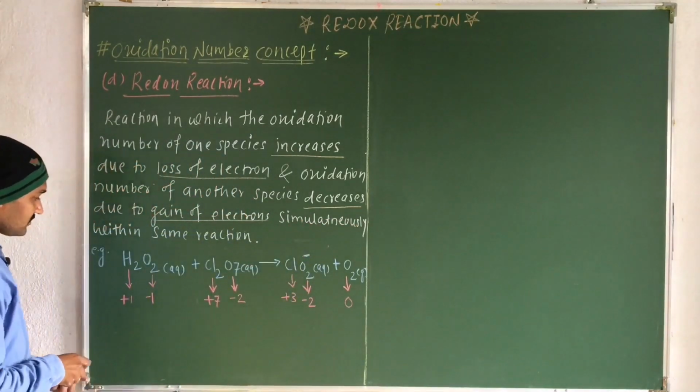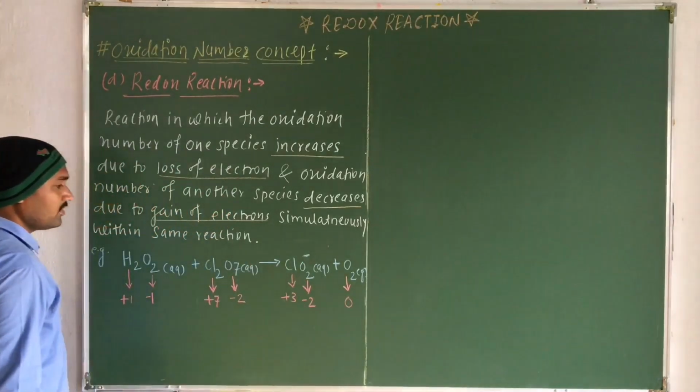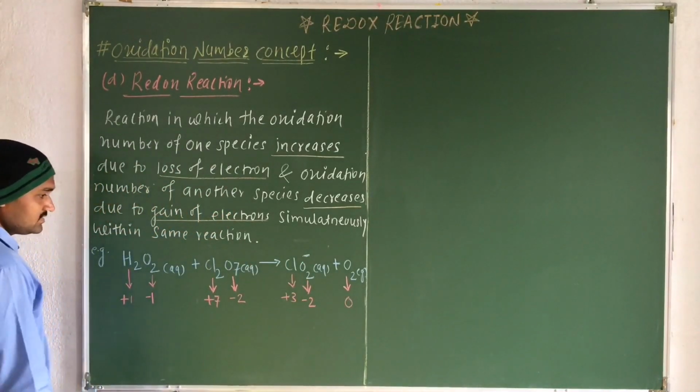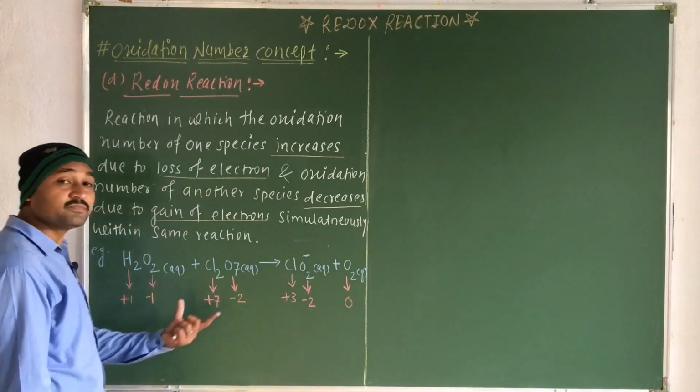Now we have assigned the oxidation number for each atom in the molecules or the elements. Now let us find out first of all which is the oxidation process and which is the reduction process here.